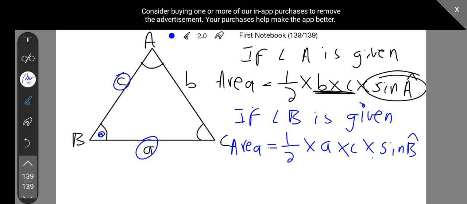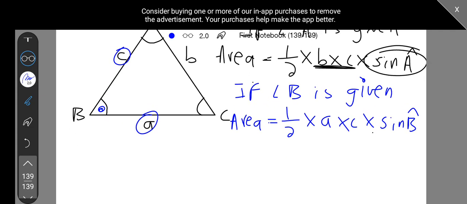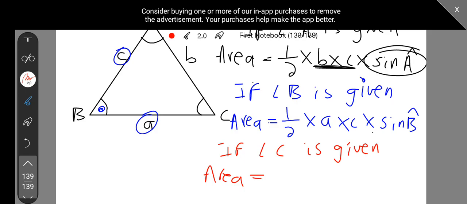So now let's say it's a different case. Now C is given. If angle C is given, I'm going to say that the area is equal to 1 over 2 times the two sides in which C lies between. It's a times b, then times sine of angle C. So these are the formulas which you must know.